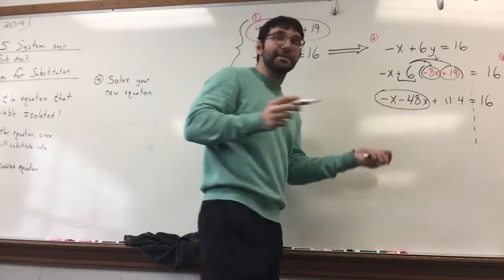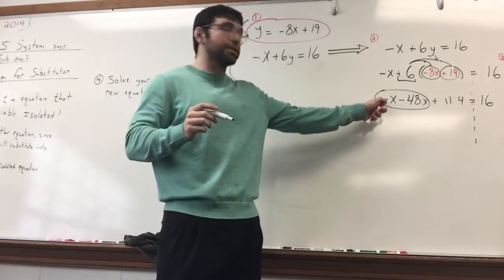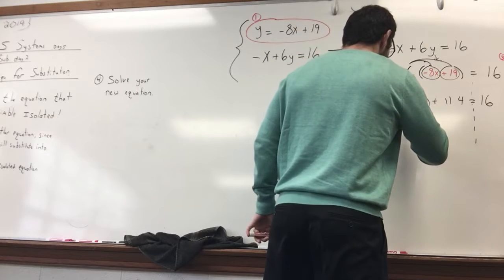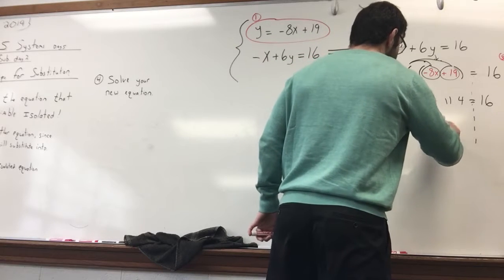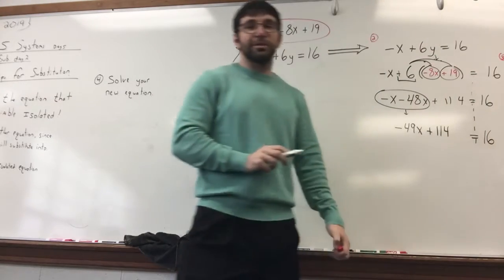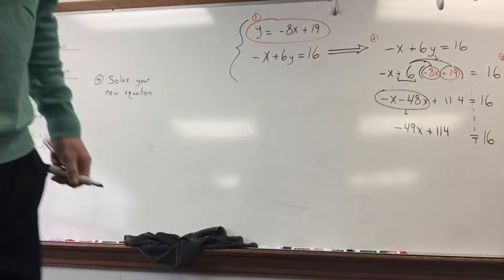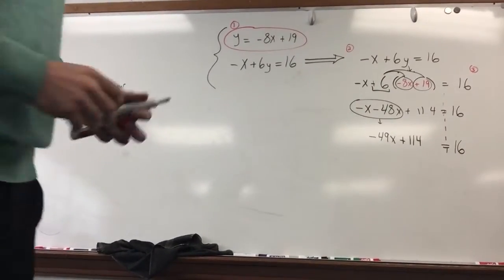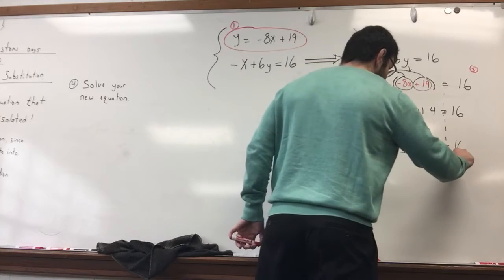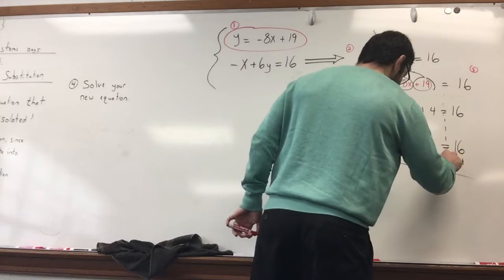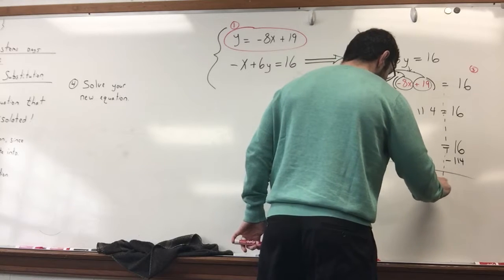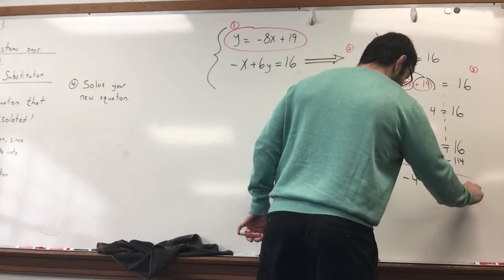Negative x. Well, how many negative x's do we have? 1. Negative 1x minus 48 more is negative 49x plus 114 equals 16. And we're still using our rules. So we're combining like terms on opposite sides. So I'm going to subtract 114 from both sides. That leaves me with negative 49x equals negative 98.